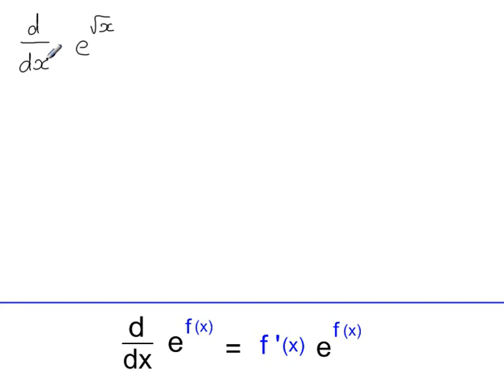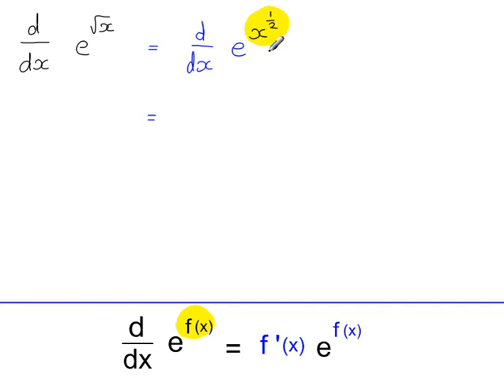Differentiating e to the power of root x, so differentiating e to the power of x to the power of a half. So applying the formula, the f of x is the same as x to the power of a half.